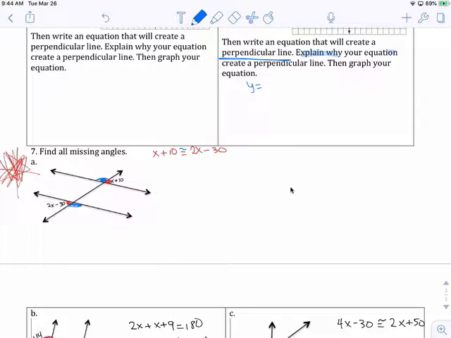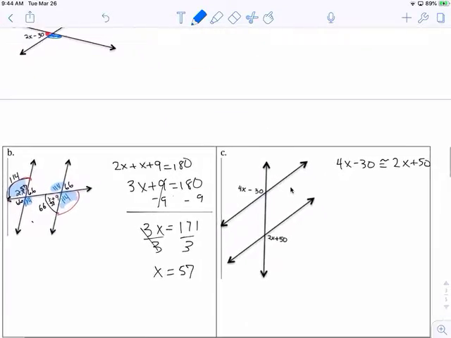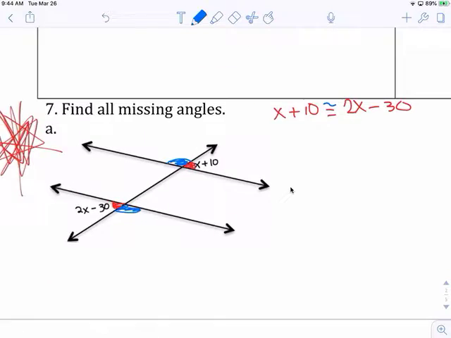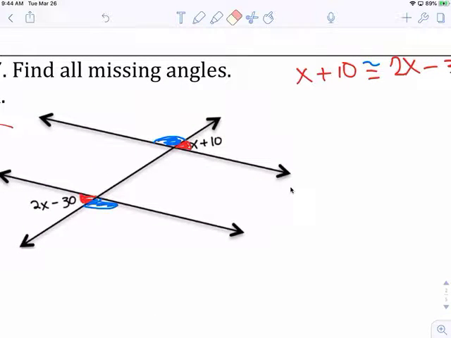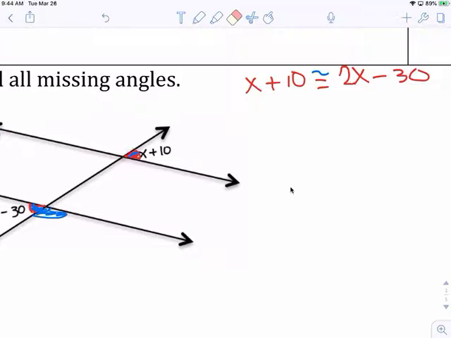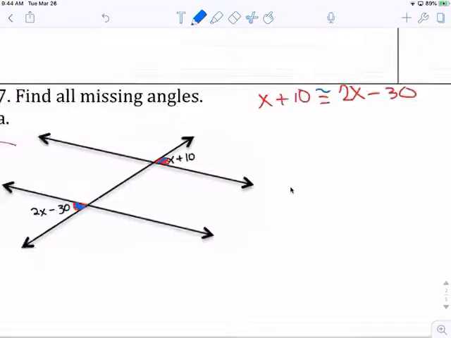All right, number 7. First, you need to know how to set it up. Set it up like it's congruent. These are acute angles, so they are congruent. So we set it up congruent.